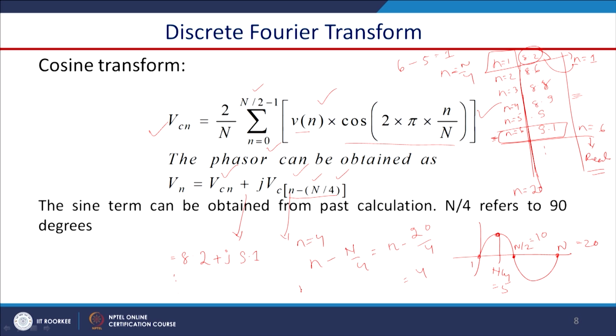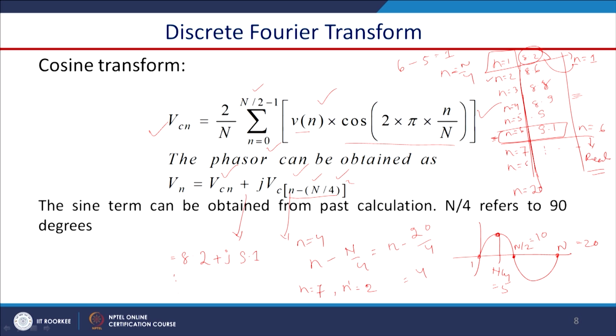If I take n is equal to 7, then n dash is equal to 7 minus 5, which is 2. So, that means it will just keep on sliding. This is the 7th position for my real part and here it will be my imaginary part.